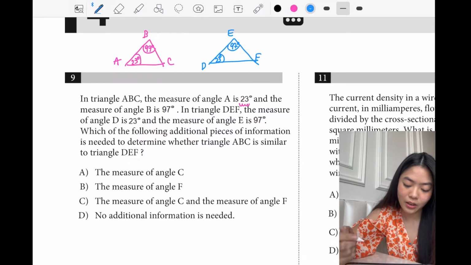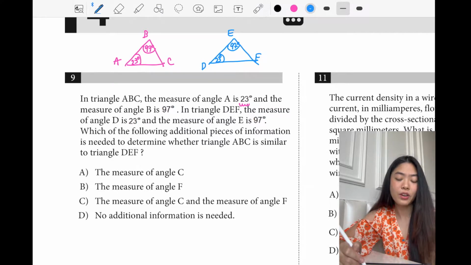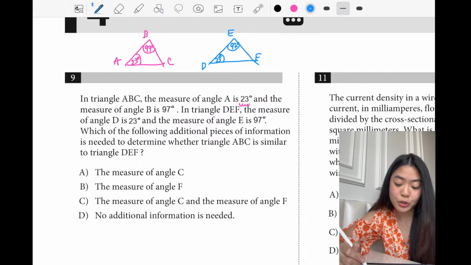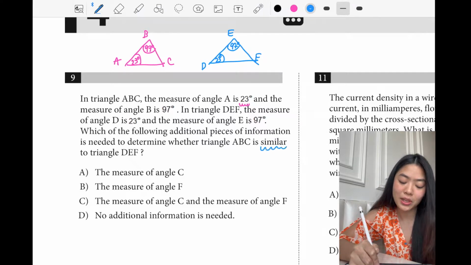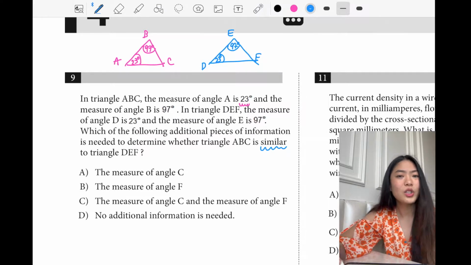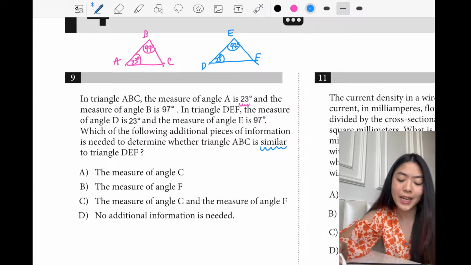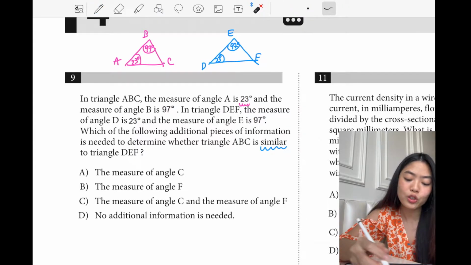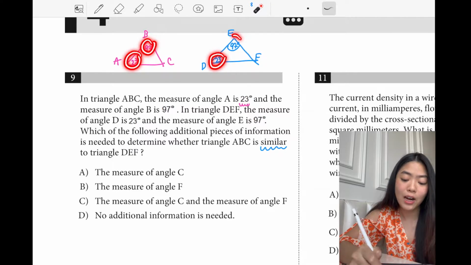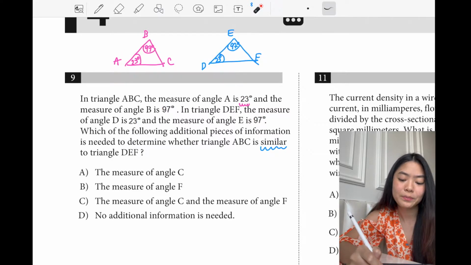Okay, which of the following additional pieces of information is needed to determine whether triangle ABC is similar to DEF? So we're going to take a look at what we have right now. We have two given angles which are equal to each other.